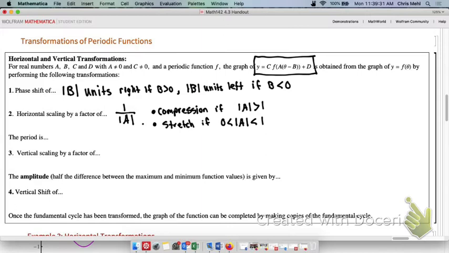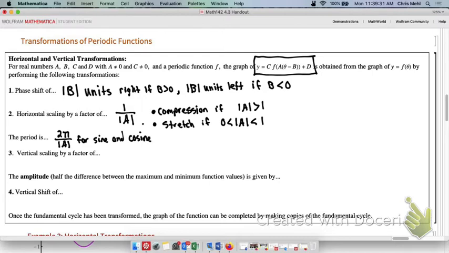Okay. And the period of your resulting transformed function is you're basically just going to be taking the original period and multiplying it by 1 over the absolute value of A. So the period is 2 pi over the absolute value of A for sine and cosine.